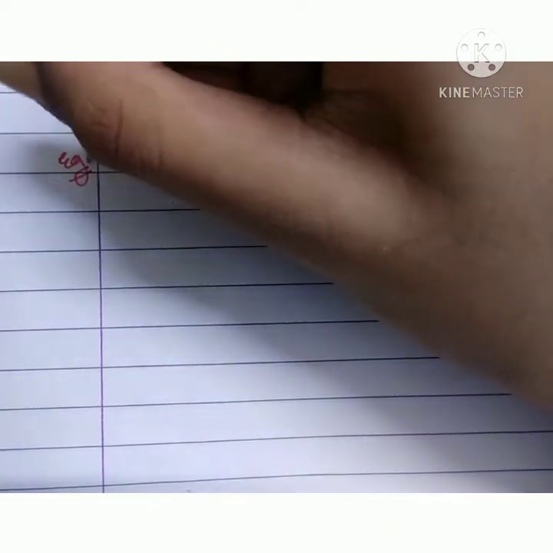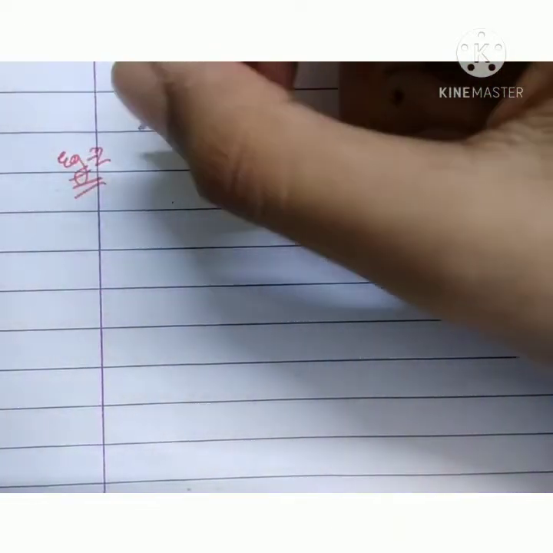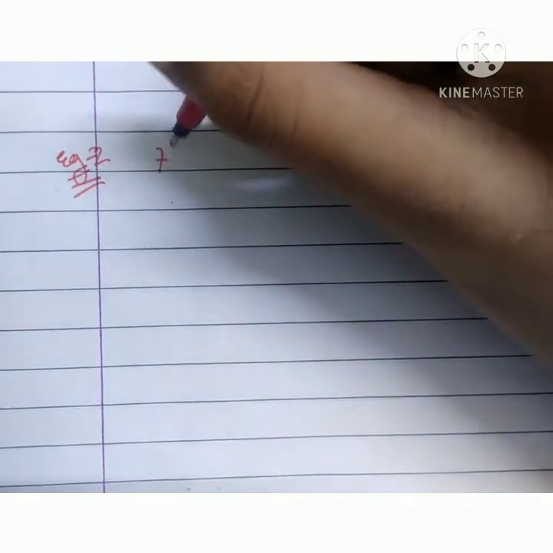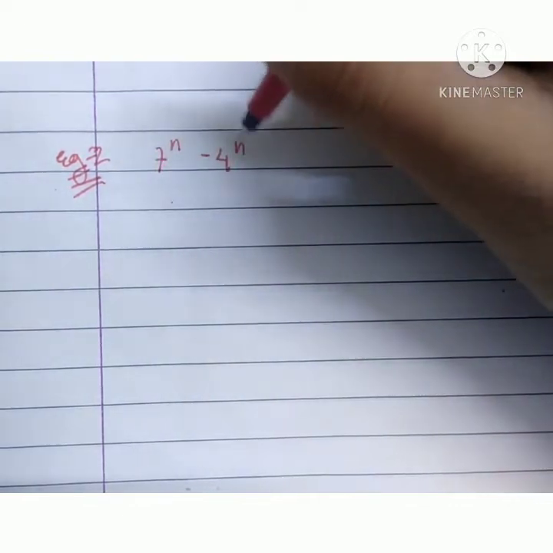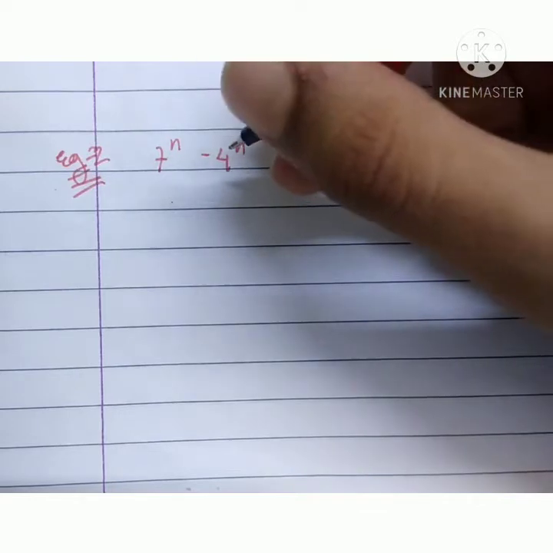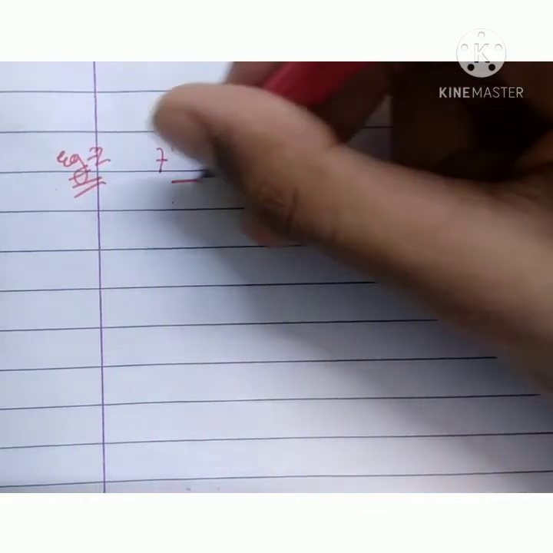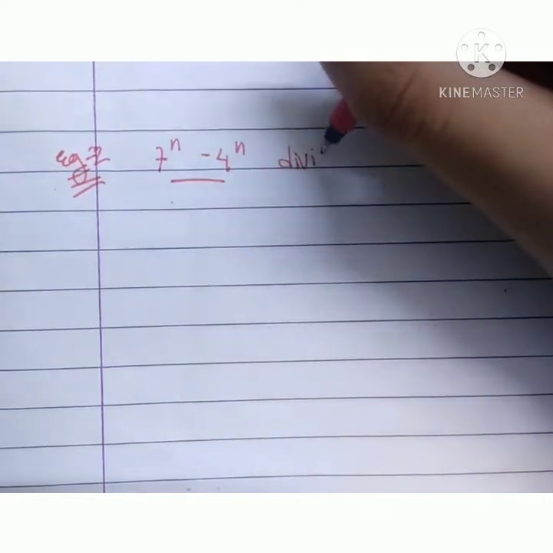Now friends, let's see the second example. Example 2. It says 7 raised to n minus 4 raised to n. We are given this and we have to prove that this is divisible by 3.